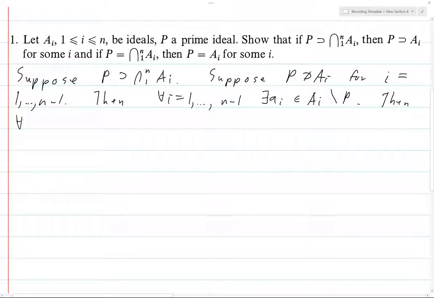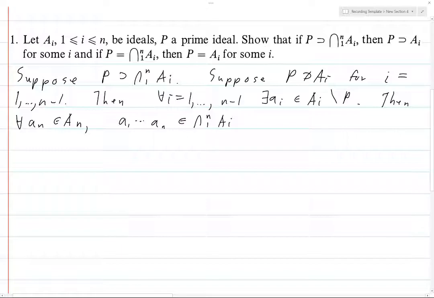Then for all little AN in capital AN, we have that the product A1 times A2 all the way up through AN is going to be in the intersection from 1 to n of AI.